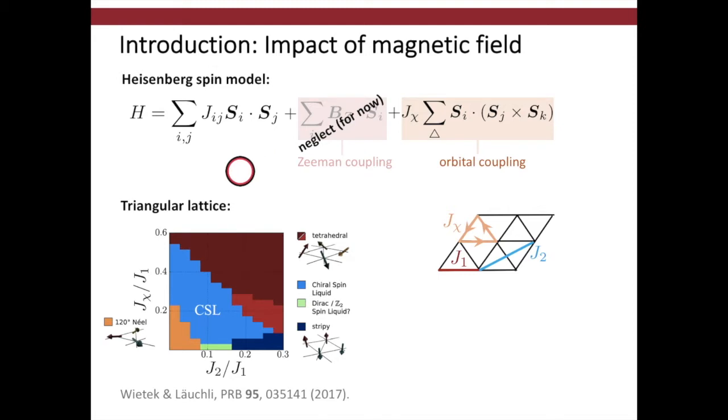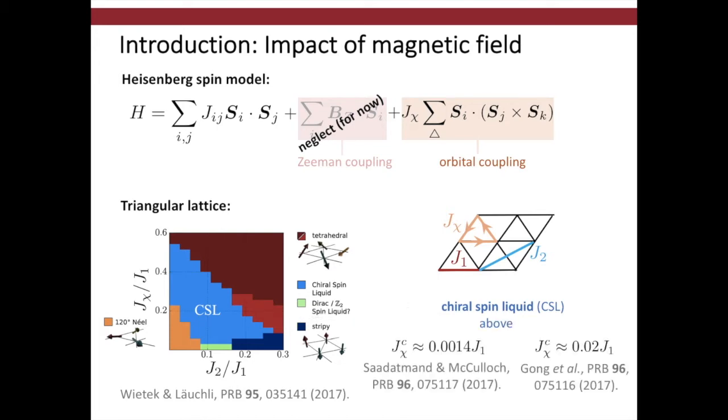We note that besides several magnetically ordered phases, there is an extended regime shown in light blue where a chiral spin liquid phase is stabilized. In particular, there is a finite range of J2 over J1 where the critical value of J chi to enter the chiral spin liquid phase is very small, in agreement with other numerical estimates of this critical value.